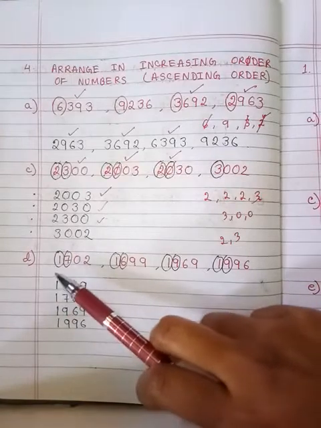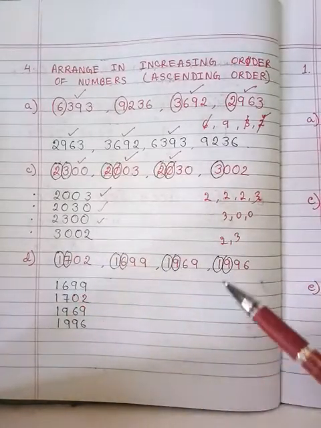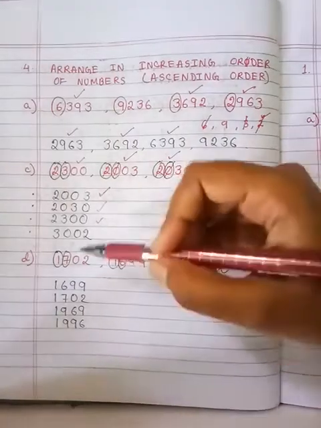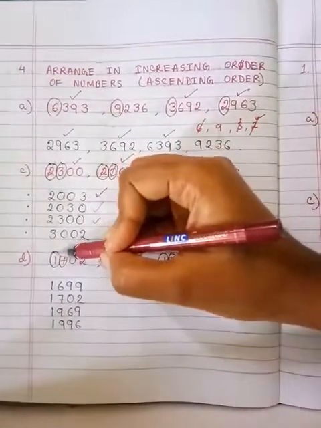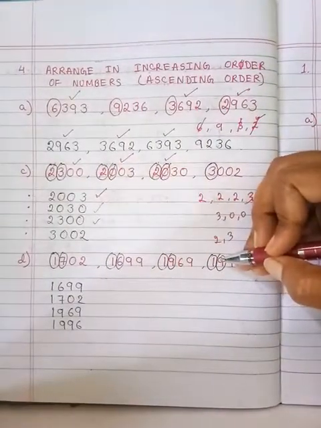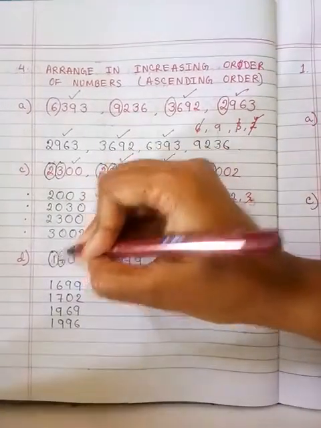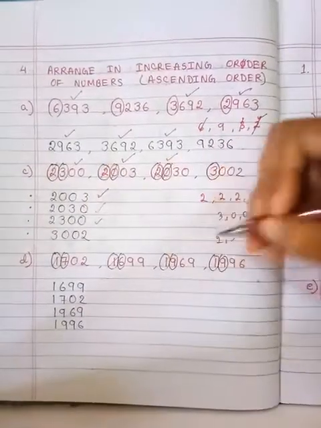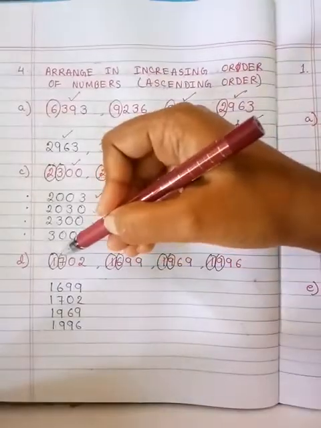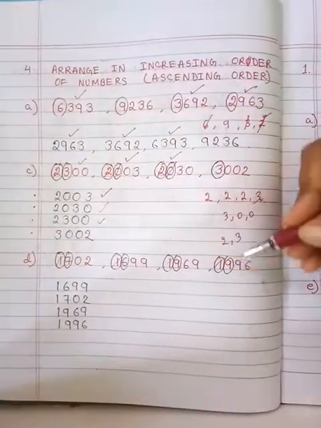Next sum. 4 numbers are given. All are 4-digit numbers. First circle the first digit. 1, 1, 1 and 1. First digit is same. So you can conclude from the first digit. Check the next digit. 7, 6, 9 and 9.